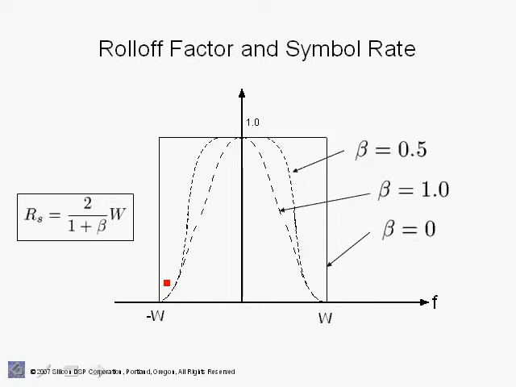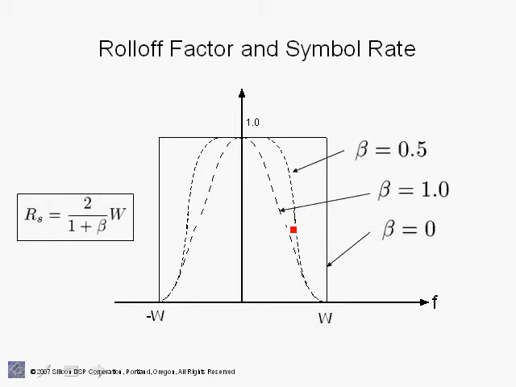So at the maximum throughput, the symbol rate is twice the bandwidth, and in the case where we have 100% excess bandwidth, the throughput is equal to the bandwidth. And we get different symbol rates for different values of the roll-off factor in between.